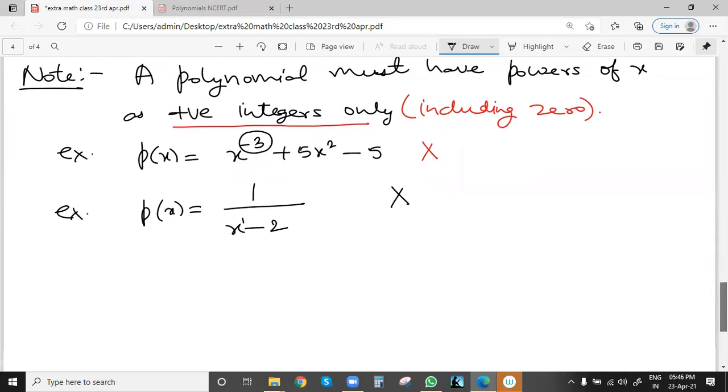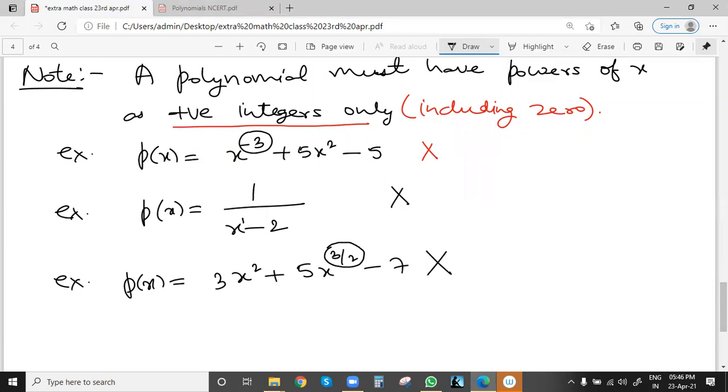Then suppose we have p(x) as 3x square plus x to the power 3 by 2 minus 7. Will this be a polynomial? No, because 3 by 2 is a fractional number, not an integer. So 3 by 2 cannot be a power of x.